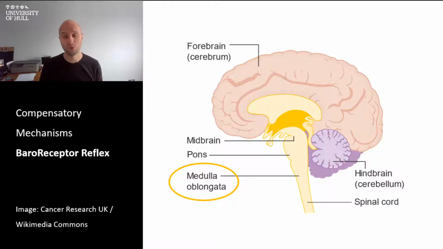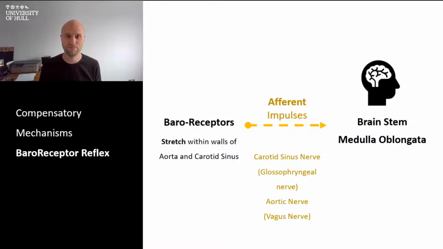Now, it's important to note at this point that the sensory input from those baroreceptors isn't the only input that the medulla oblongata is receiving. It's also receiving information from the cortex itself and other sensors around the body and within the brain itself. So what happens is you have these stretch receptors within the aorta and the carotid sinus, and they are all the time sending action potential messages, afferent action potentials, towards the central nervous system.